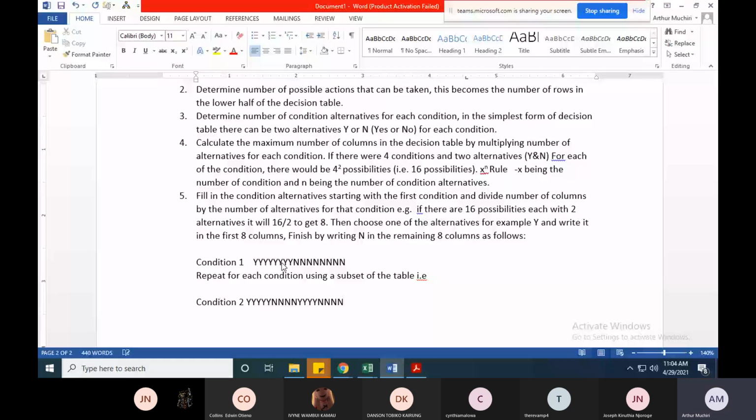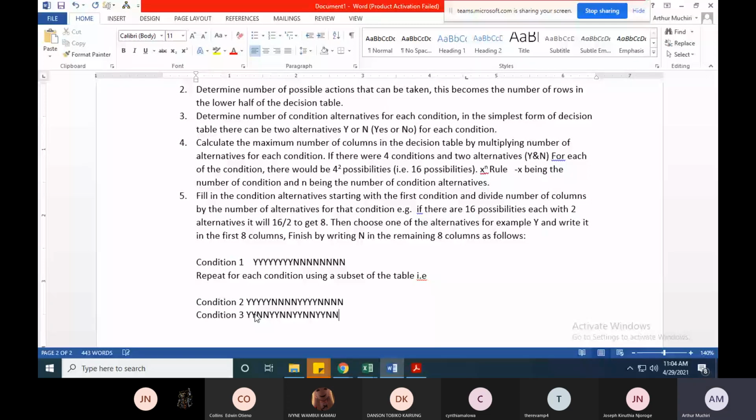And then we go to condition 3. Here you divide the number of possibilities by 2 again, so you're going to have 2 yeses and 2 nos, 2 yeses, 2 nos, repeated.